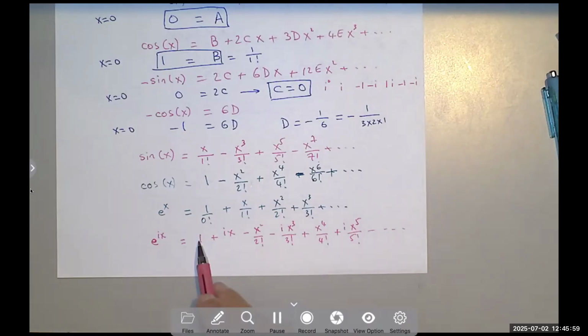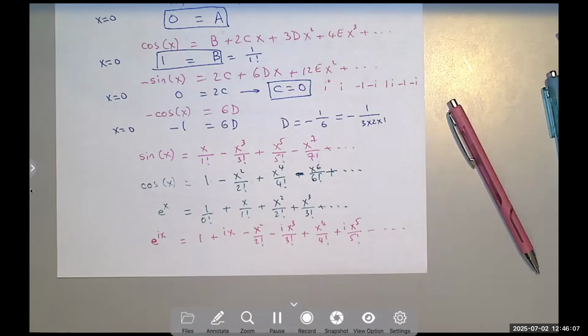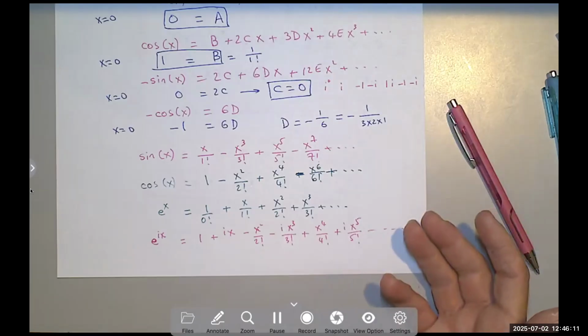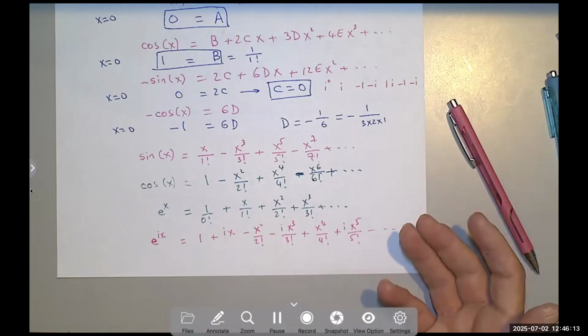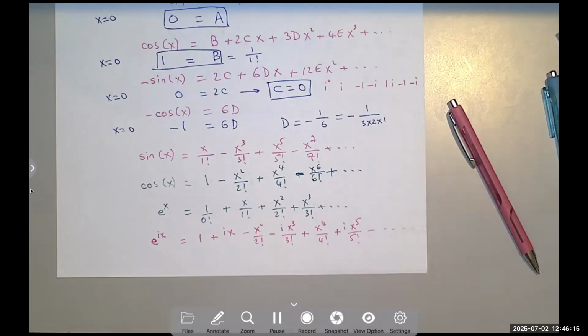That, except for the appearance of the i here for x cubed and for the odd numbers, is almost identical to what I have. I could have done something slightly different, right?